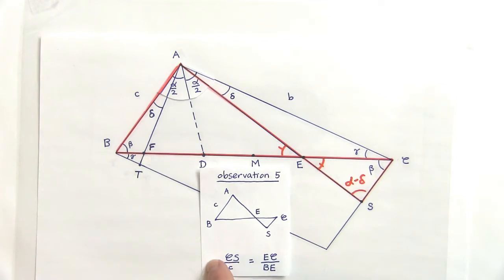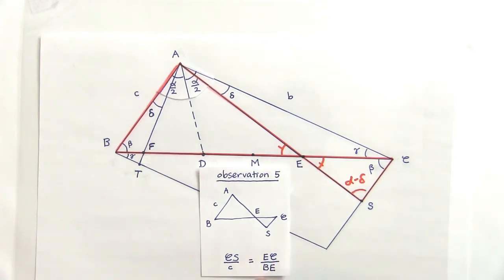So we have that CS over C is the same as EC over BE. And now we've put together all the observations that we need in order to solve the problem. And that goes like this.